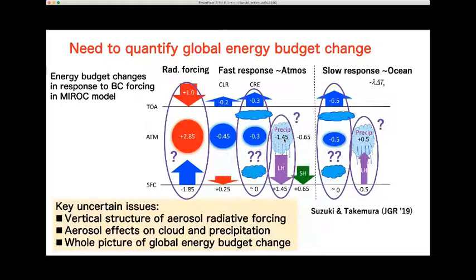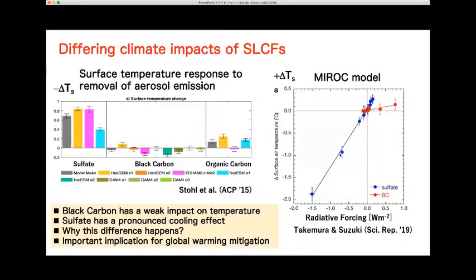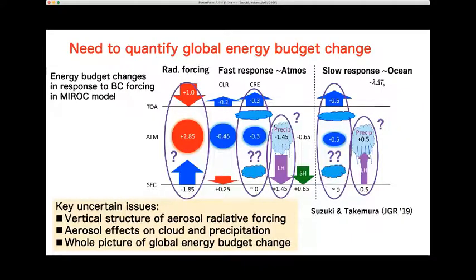Eventually, we need to understand how the whole picture of the global energy budget can change in response to aerosol forcings. So this is our ultimate goal: to better quantify these energy budget changes for given climate forcings due to aerosols.